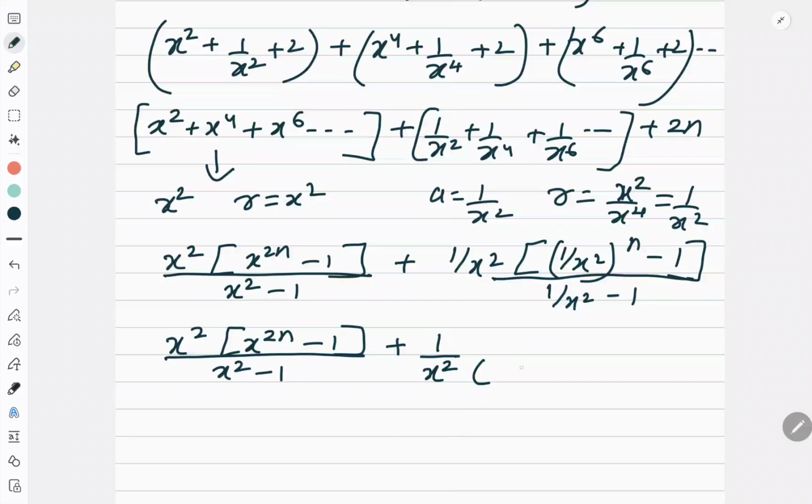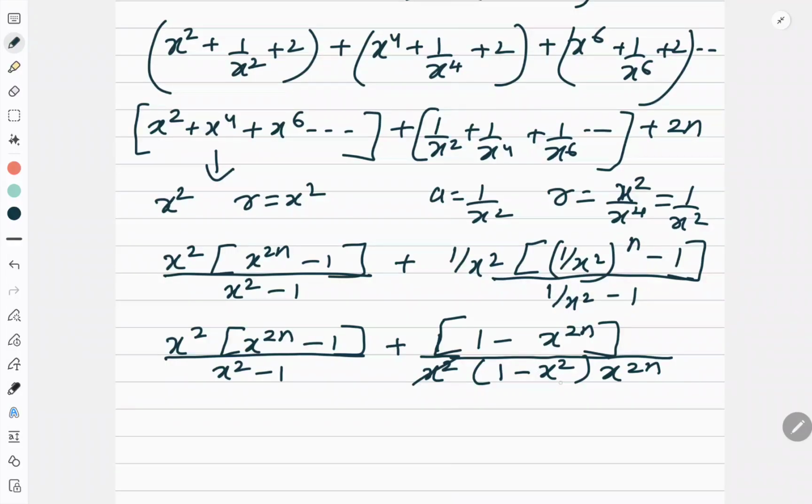Here if you take the LCM, 1 minus x square upon x square. So this x square will get cancelled. Okay. And in the numerator, you have 1 minus x to the power 2n. Okay. And this x to the power 2n will come here when you take the LCM. Right? So this expression you will get here.